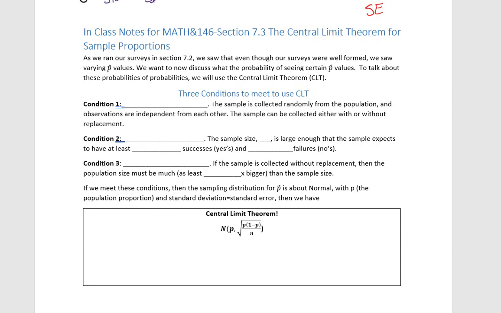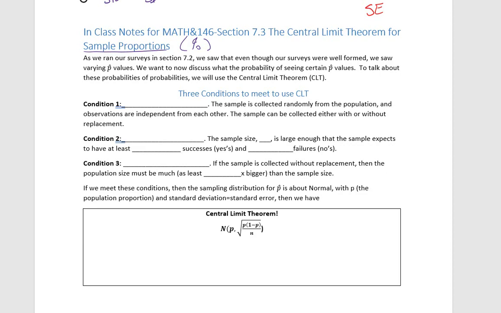But in order for that to happen, we have to make sure that we have low bias, low standard error, and that we can do it over and over and over again. And this is only going to be for when we're looking at sample proportions, so that's when we're interested in a certain percentage of a population, so male to female, STEM majors to art majors, things like that.